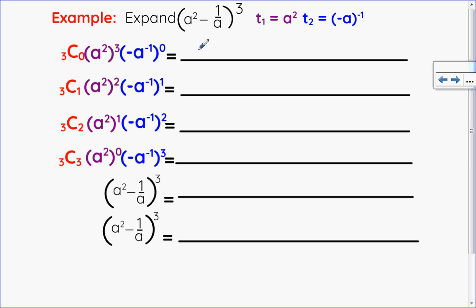So 3C0 is 1 times a squared cubed, 2 times 3 is 6. Anything to the 0 is 1. So my first term is a exponent 6. Then 3C1 times a squared squared times anything to the 1 is itself.